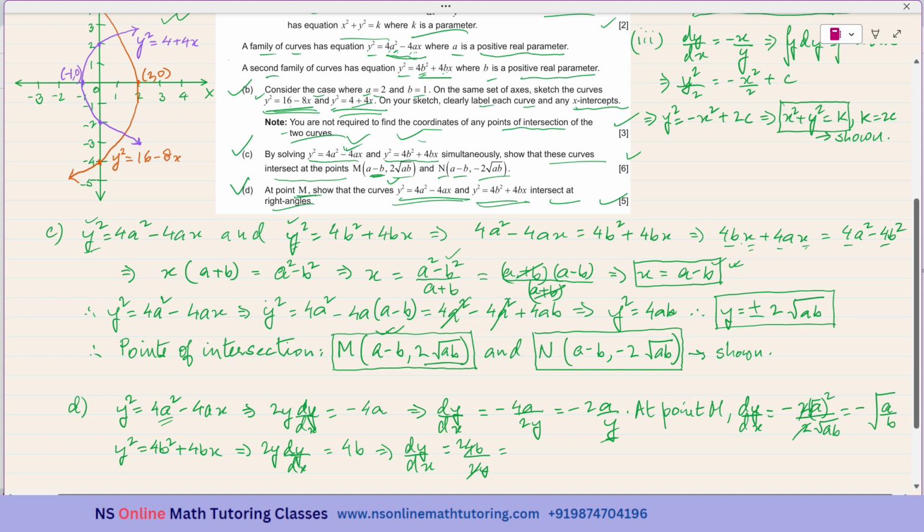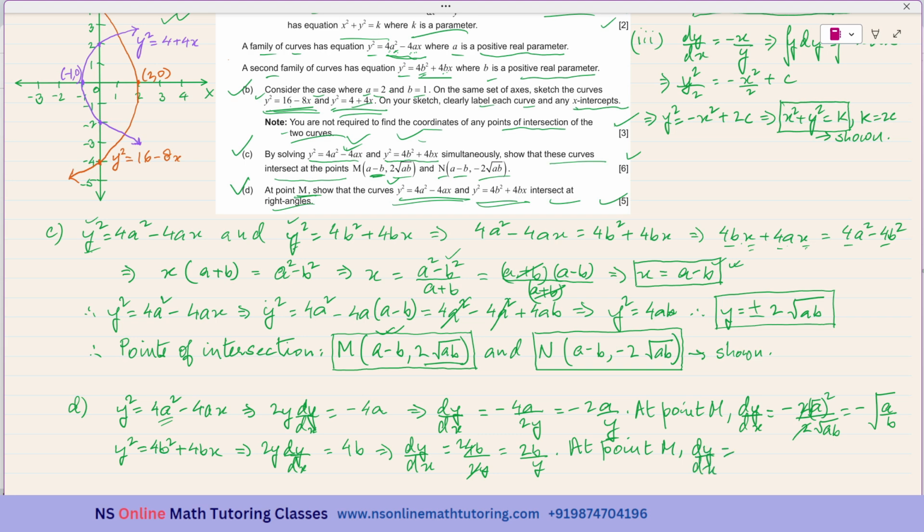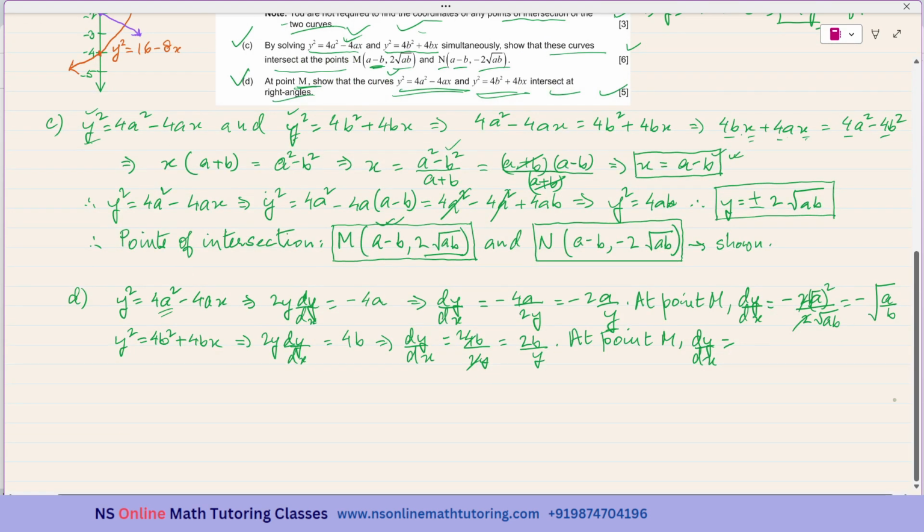So, this is equal to 2b over y. At point M, dy by dx is equal to 2b over this 2 times root ab.